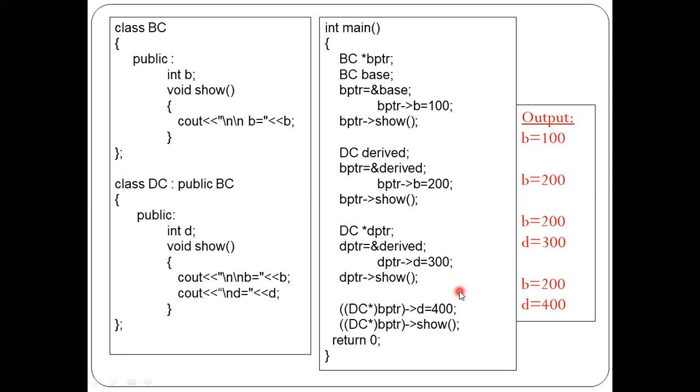Initially we can access through the base pointer or object of the base class, and the derived class object is pointing to the base class values also. This was the first point, a pointer to a base class. Similarly, we can give a pointer to a derived class also.